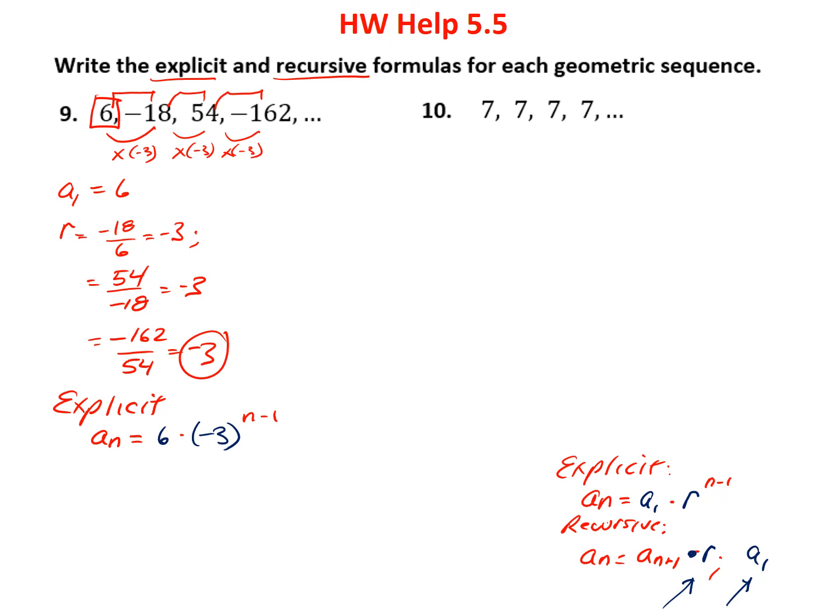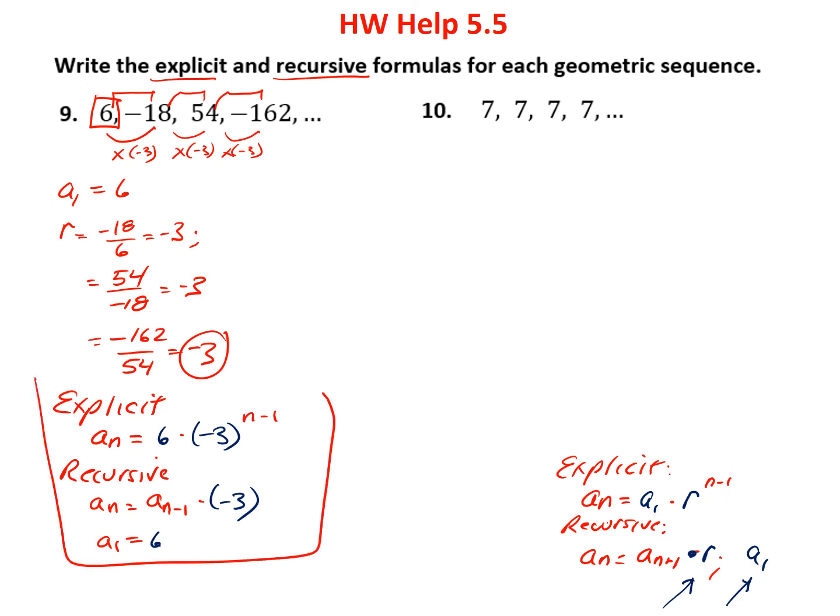The other parts of this are going to stay the same no matter what you have. Our recursive simply says that the nth term equals the n minus 1 term times the common ratio. And then we usually always state that a1 equals 6. So there's our answers for 9.